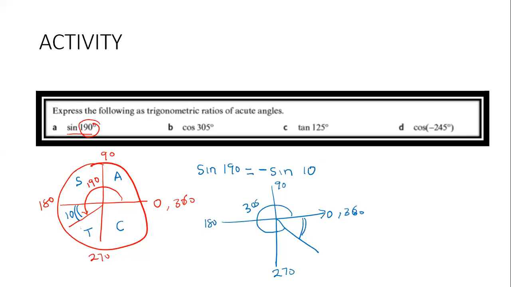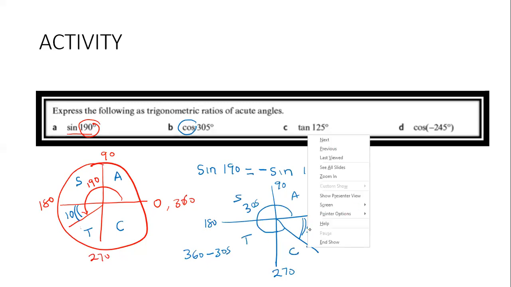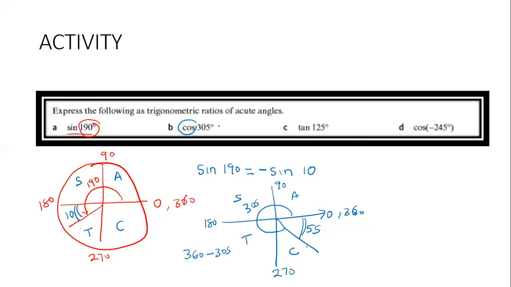We want the angle with the x-axis. So you say 360 minus 305. The answer you get here is 55. That means the next thing you ask, I'm dealing with cos. What is the sign of cos? You know that all, sine, tan, and cos. So that means cos is positive. So this reference angle you are going to write as a positive. You say it is equivalent to cos of 55.